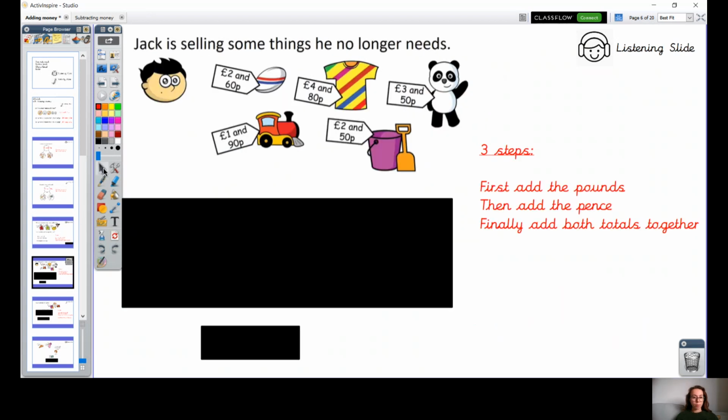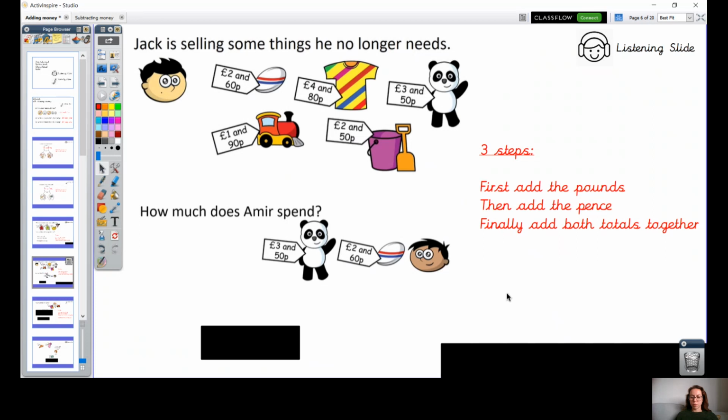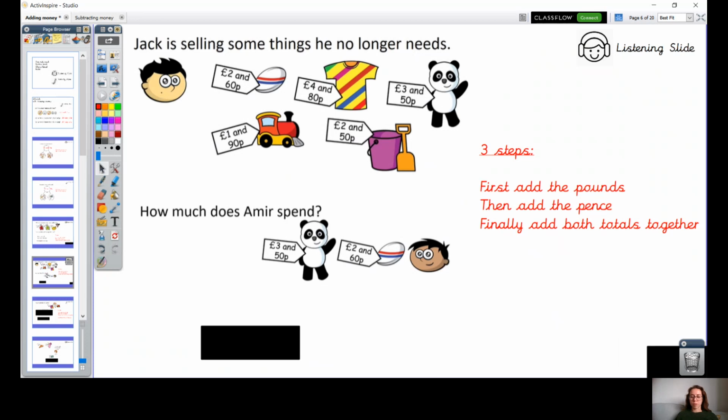Okay, keep listening. This time, Jack is selling some things he no longer needs. He's got a few items here on the screen. Now, Amir wants to buy some of those things from Jack, and he wants to buy the rugby ball, which is £2.60, and the panda, which is £3.50.